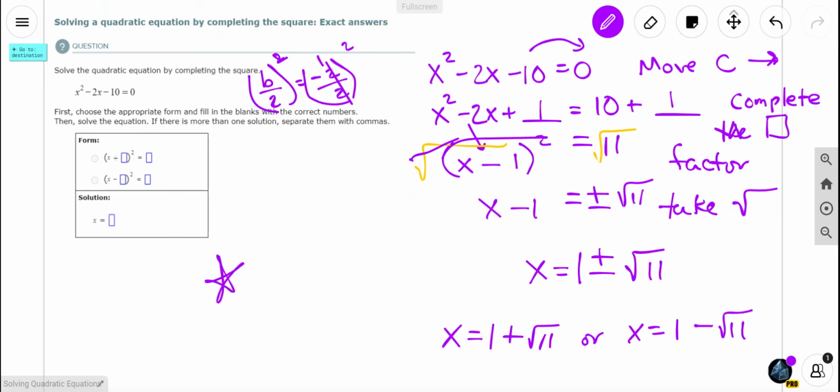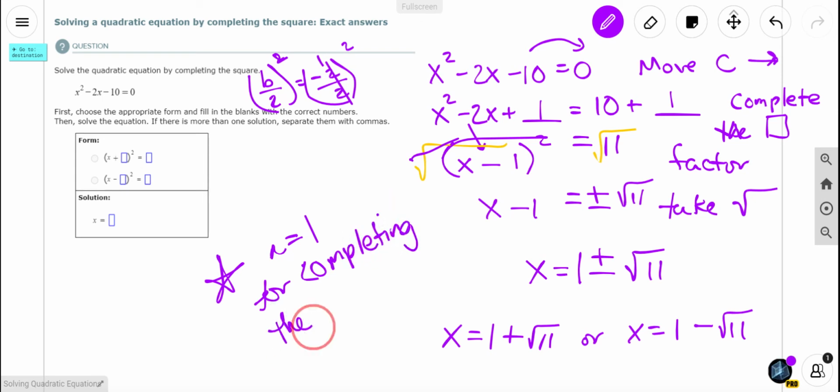I'm going to write it as a big star. A equals 1 for, oh my God, my pen, you guys, completing the square. It's only when I'm recording that it acts this weird. Okay, square. Yes, I will be looking for that in your notes, by the way. A must be equal to 1.